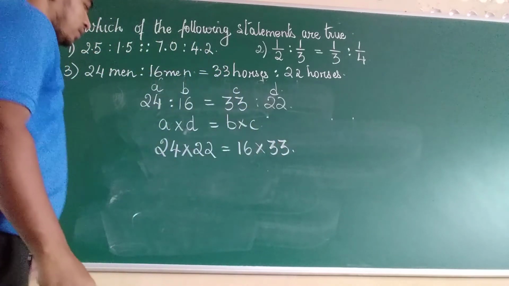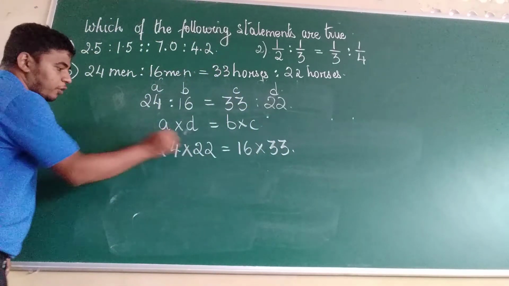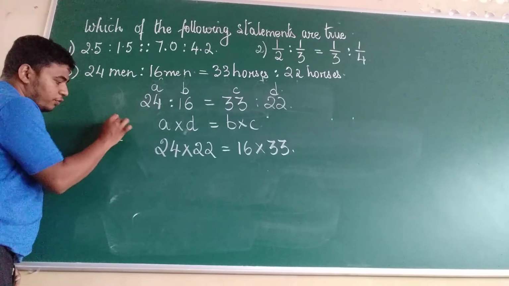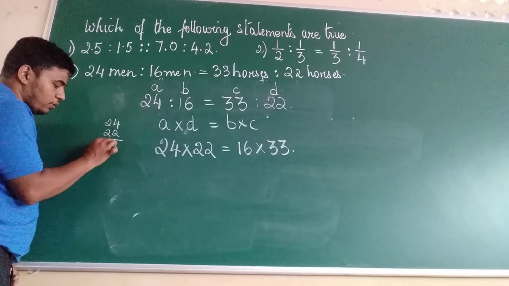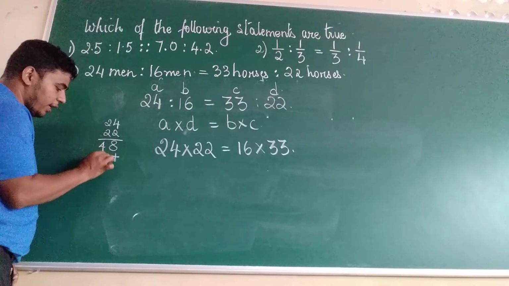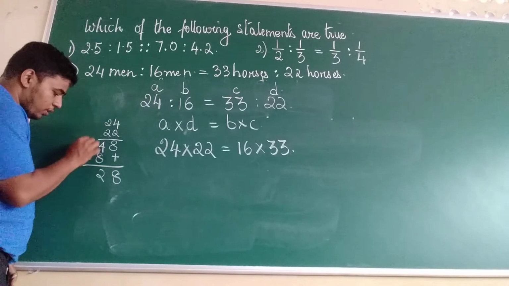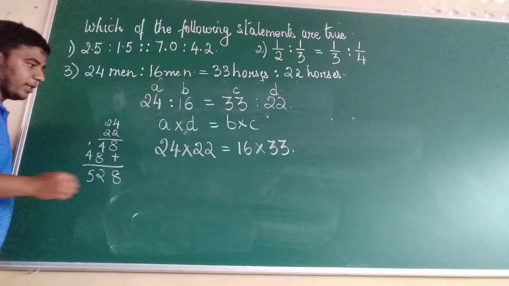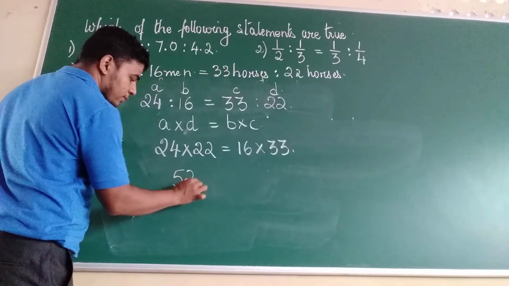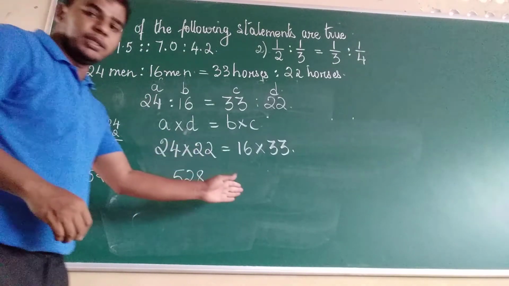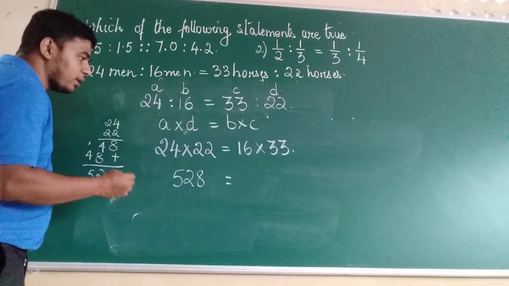Now let's multiply 24 into 22. 2 4s are 8, 2 2s are 4. Plus 2 4s are 8, 2 2s are 4. You get 528. Let's see whether if you multiply 16 into 33, you will get 528 or some other number.